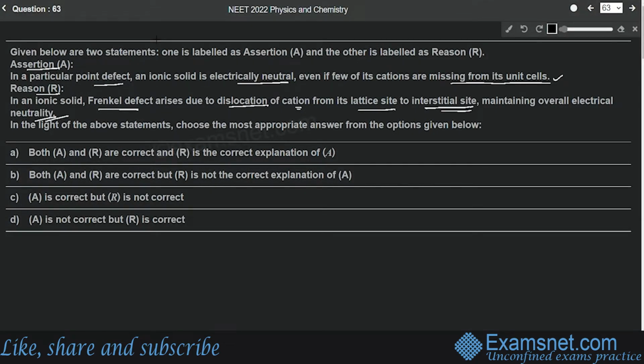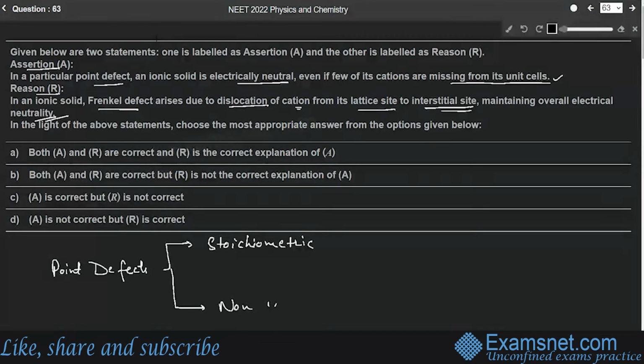Now to understand this, first we should remember that there are mainly two types of point defects. First one is stoichiometric. In this, the overall stoichiometry is maintained, whereas in the non-stoichiometric defects, the stoichiometry of the solid is disturbed. Now, in the stoichiometric, there are two main types of defects.